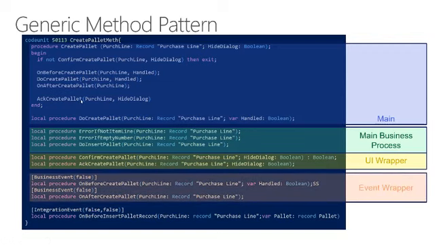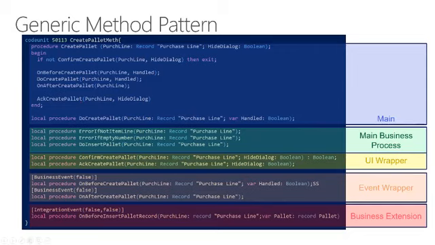And then those are implemented with an event wrapper where we have an on before create palette and an on after create palette. And then finally, we have the business extension, which extends the main business process to the outside world. And so this is an implementation of one of the design patterns. So you've already seen two important design patterns that we're going to be talking about next.